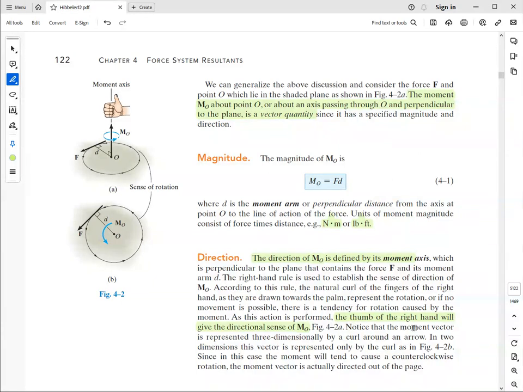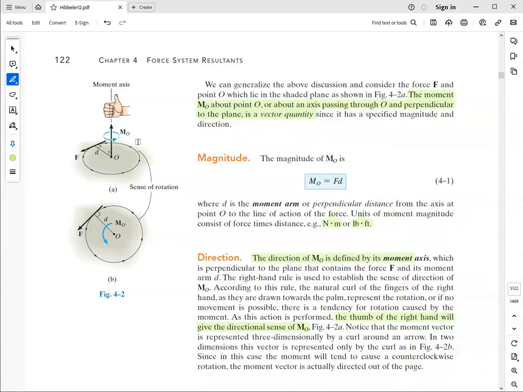Moments are vectors, and they have direction and orientation. The direction of the moment is perpendicular to the arm of the force and the force itself, or has the direction of the axis of rotation, the moment axis.